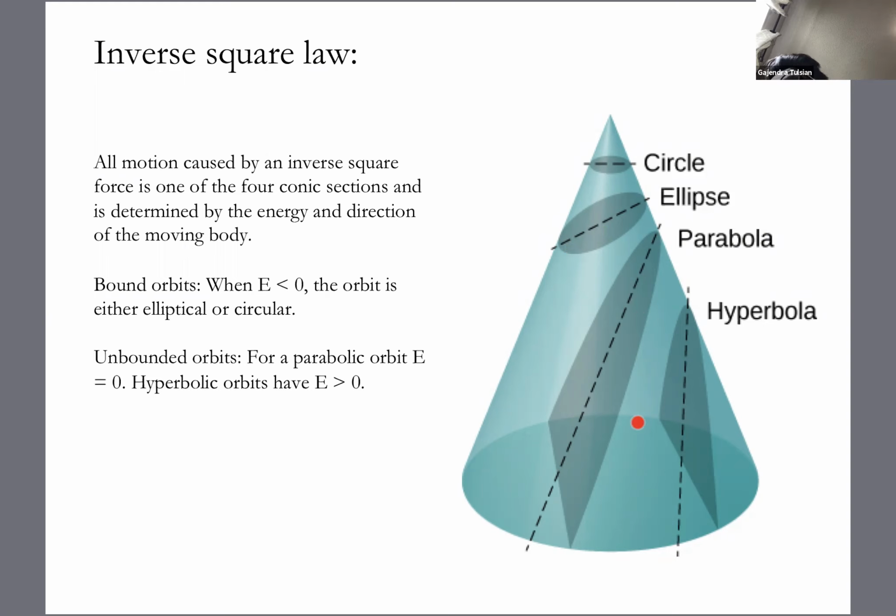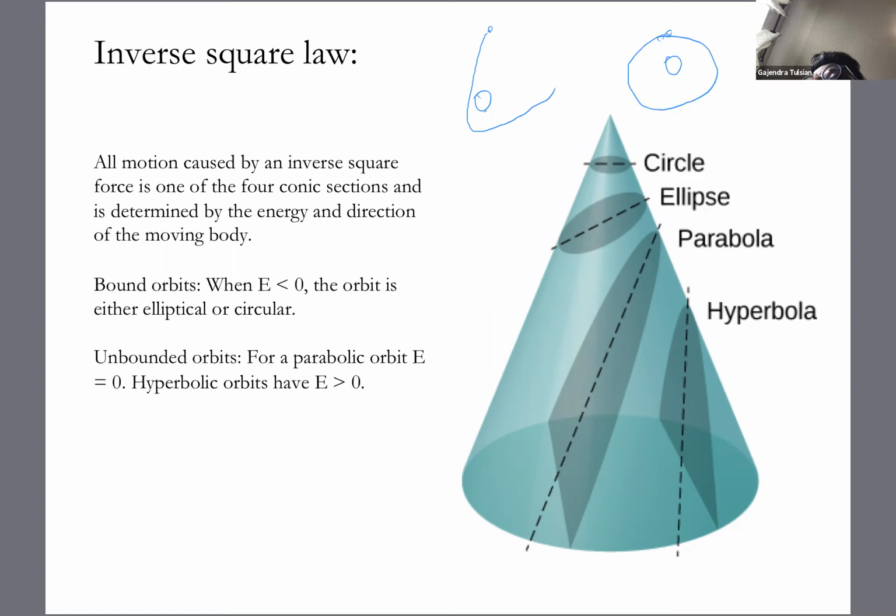So why are we talking about these things? What we are interested in is the following. Here's a body, which could be the sun, and we are interested in various orbits around the central body.